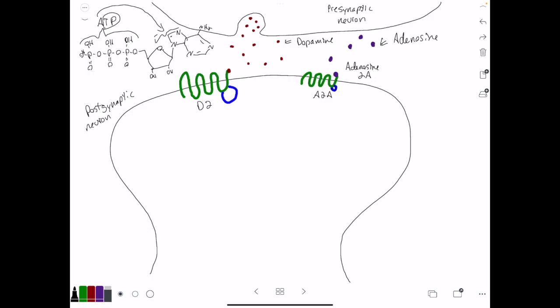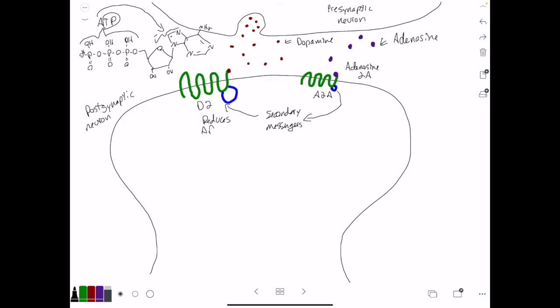And so what this does through our G protein here, it signals through secondary messengers. It signals to our D2 receptor. Specifically, it reduces its affinity for dopamine.